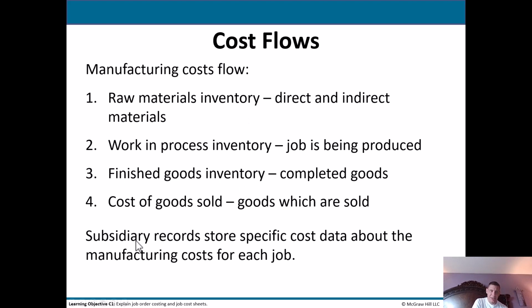And then it says down here, subsidiary records store specific cost data about the manufacturing costs for each job. Think of subsidiary records as in accounting, where we have this parent versus subsidiary. The parent would be the record of everything in that category. The subsidiary would be an individual record of something in that category.